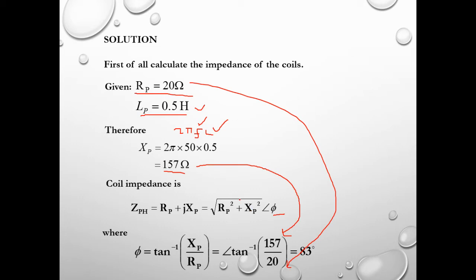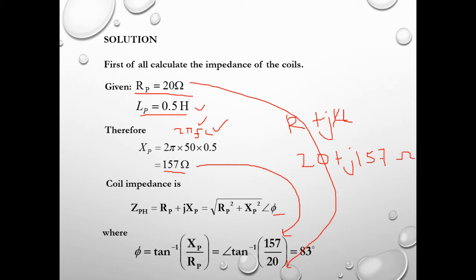You may also transform from the rectangular value to a polar value. So we have 20 plus j157 ohm.